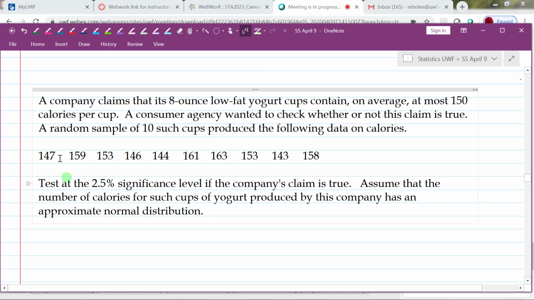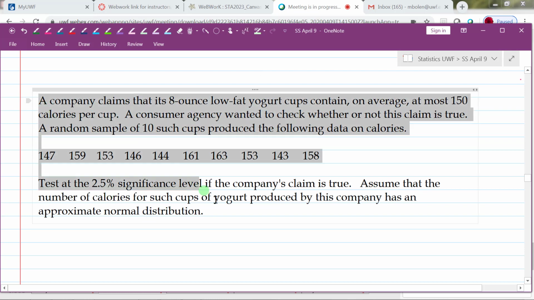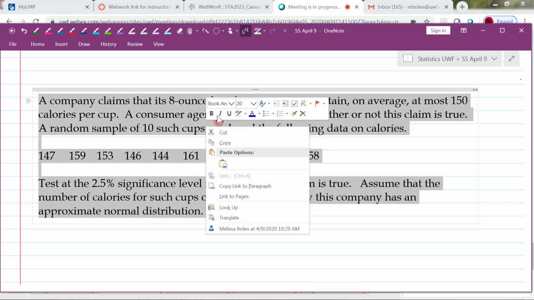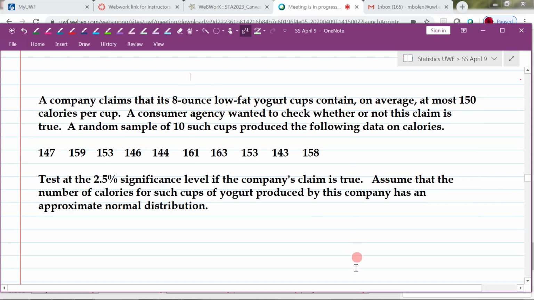I'll bold it, and that should make it stand out a little bit better for everybody. There you go. So there's the problem. I'm going to give you guys 3 minutes to work on this problem. I'm going to set my timer, and then I'm going to slowly come in and start working on it.